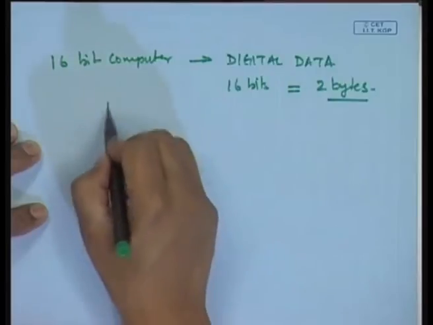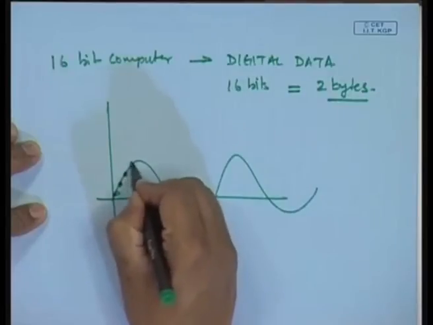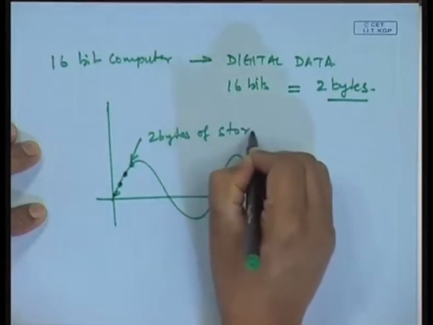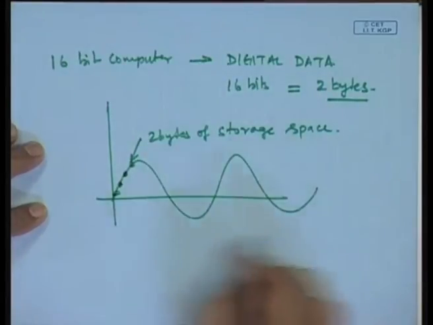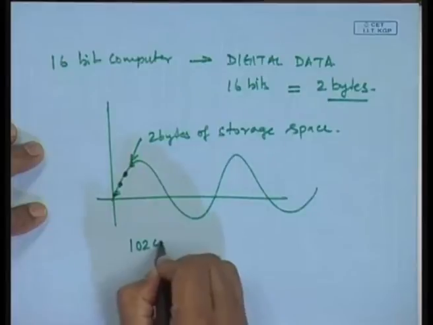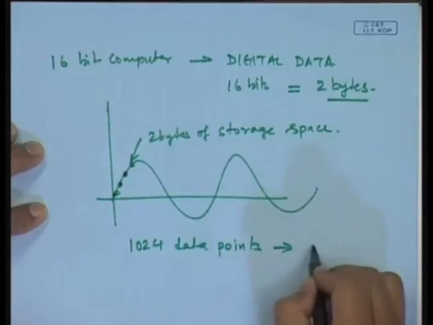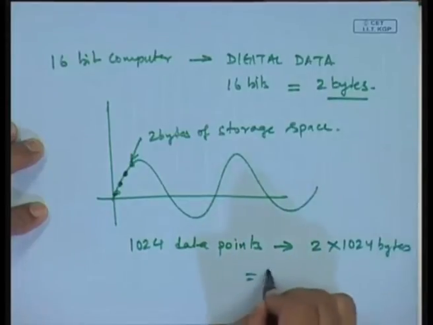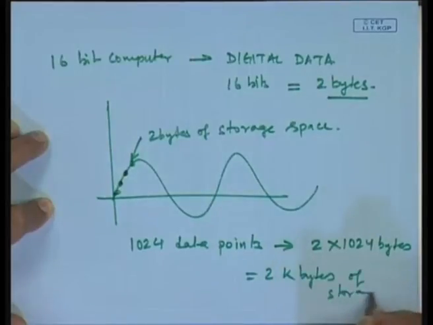So, every data point requires 2 bytes of storage space. Okay. Now, if I say I require 1024 data points, it will require 2 into 1024 bytes, so that is 2 kilobytes of storage space or RAM.